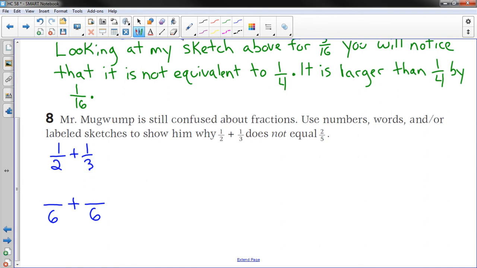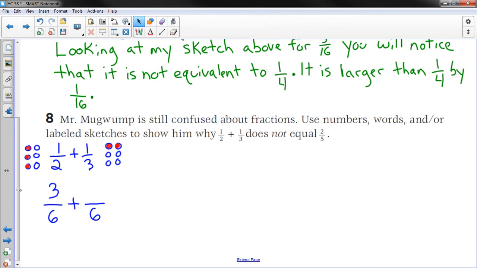So half in sixths would be 3/6. And 1/3 would be that visually in my little drawing.